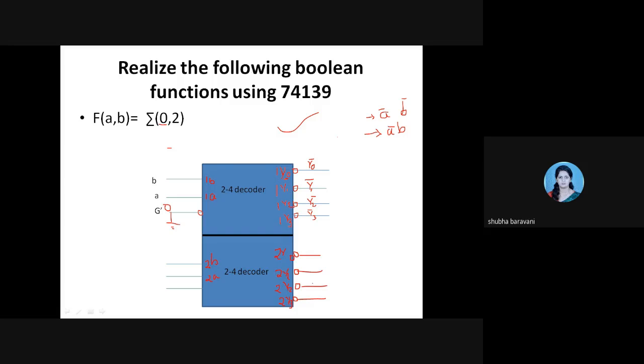If I would have used this also, but I have not used this section. Is this understood?